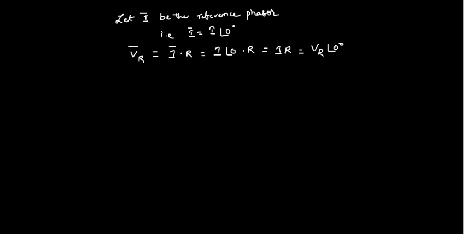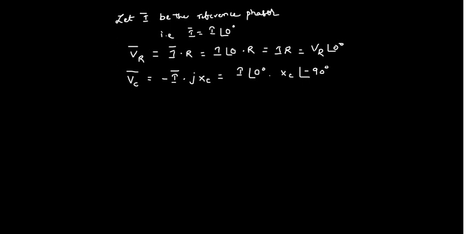At the same time, now I will take the voltage across the capacitor, VC bar, equals minus I, because it is leading, minus I into jXC, that is equal to I at an angle 0, the reference, into XC, and because of the minus I am getting minus 90 degrees.